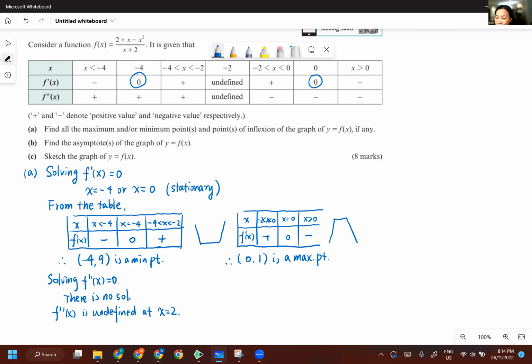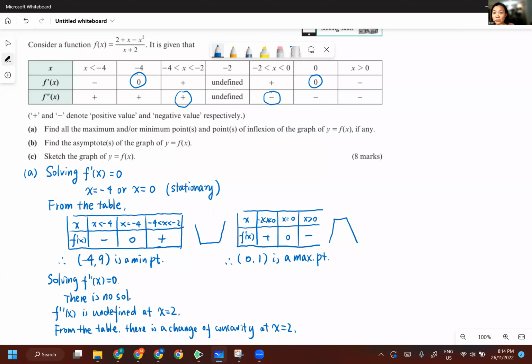Okay. And from the table, you can see, oh, there is a change of concavity. Do you see? Now you can say from the table, there is a change of concavity at x equal 2.